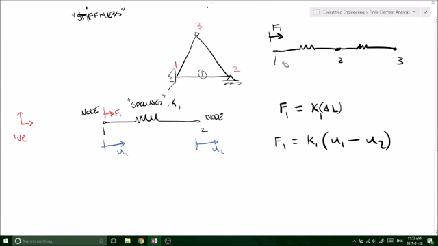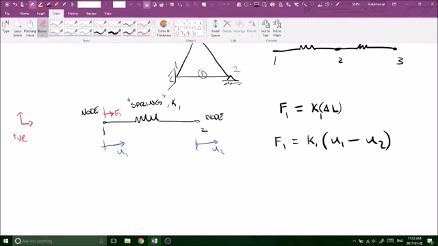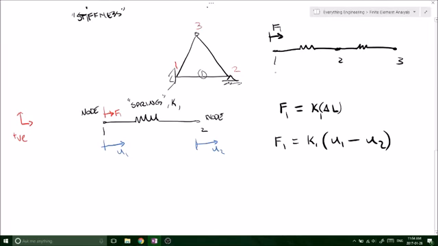If we were to apply a force at node 1, it would displace a distance of U1. But there's also the potential that node 2 can also displace, right?